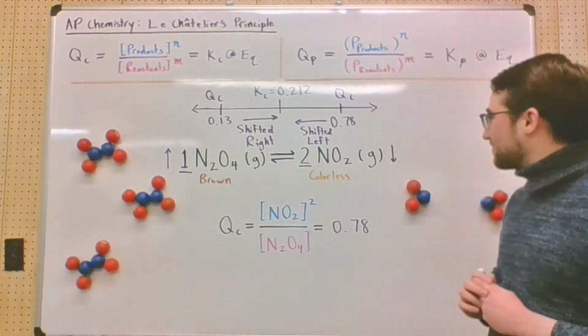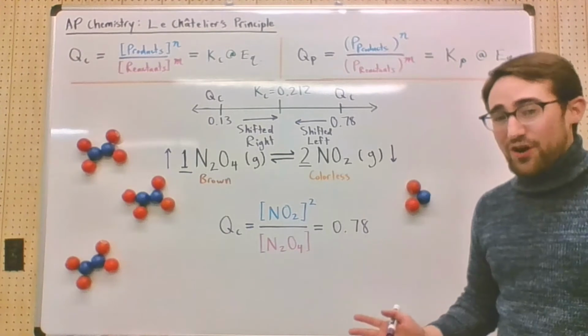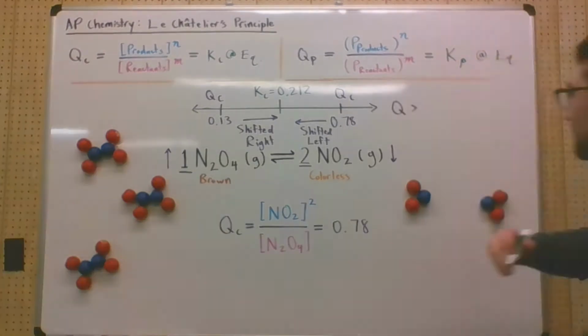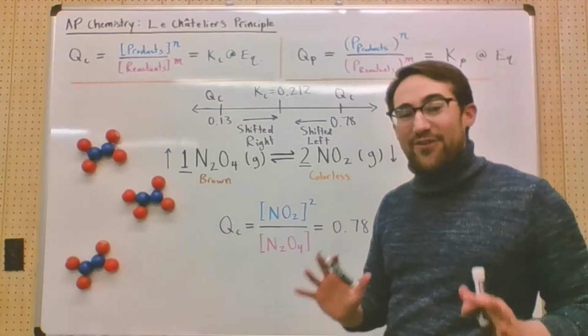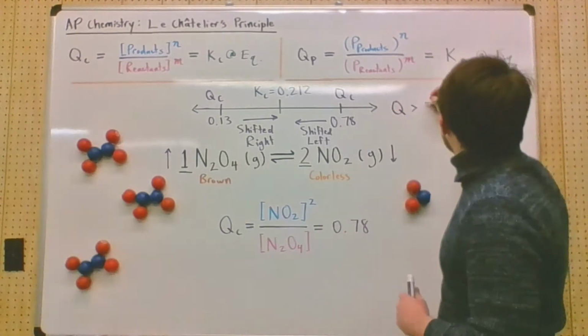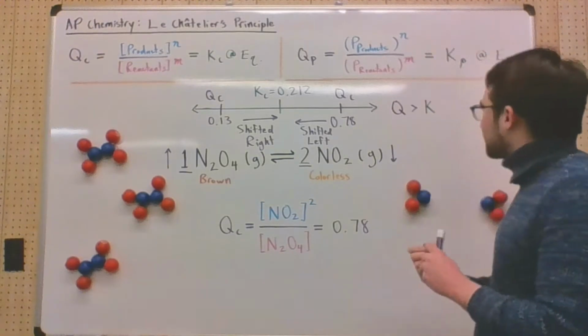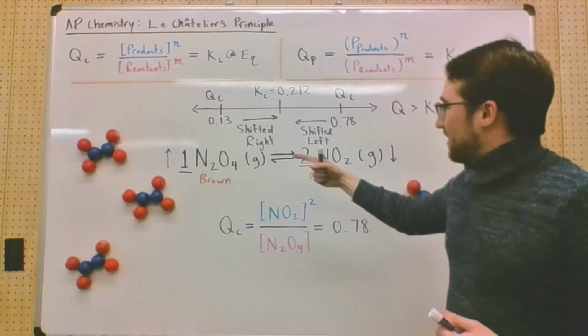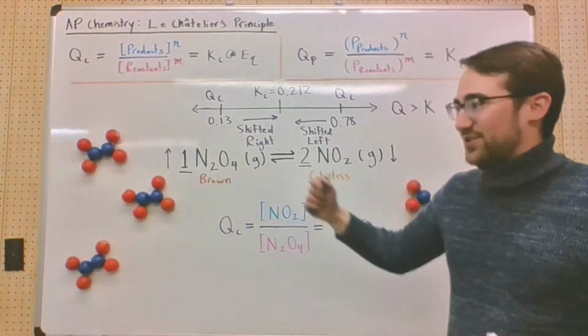Okay. So, in short, we can make a relationship between the Q and the K. If our Q value is greater than our K value, that means we are going to shift in the left direction. We're going to shift back towards the reactants.